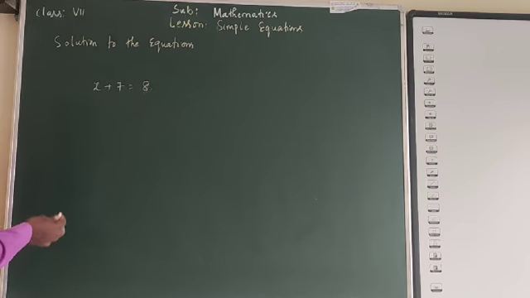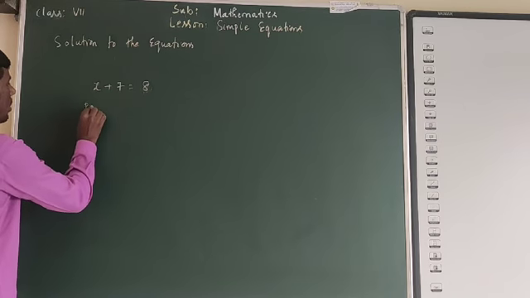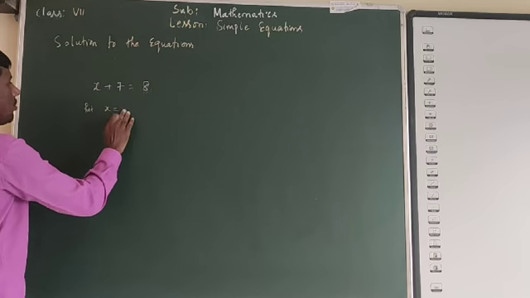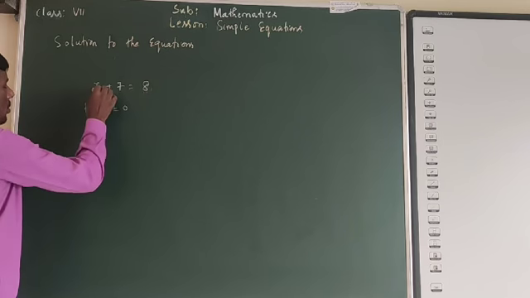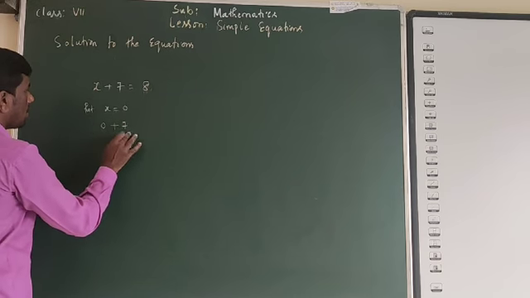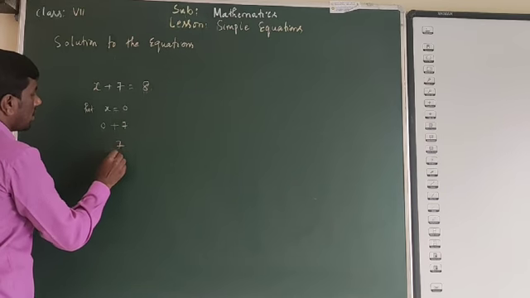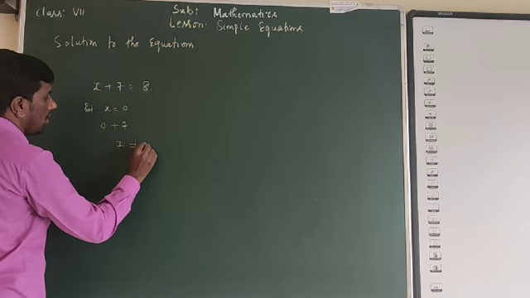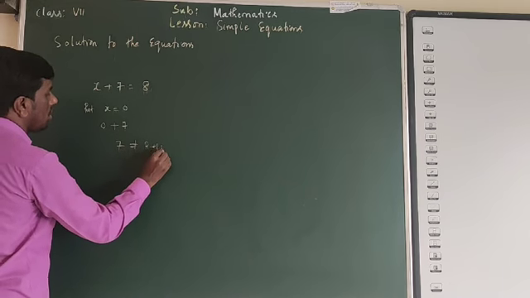So what value of x can I place? Let me start with x is equal to 0. In the equation, LHS is 0 plus 7, which is equal to 7 only. This is not equal to the RHS, because the RHS is 8.